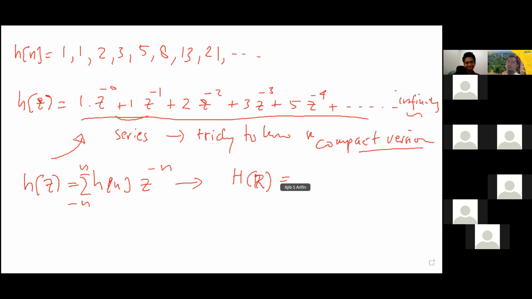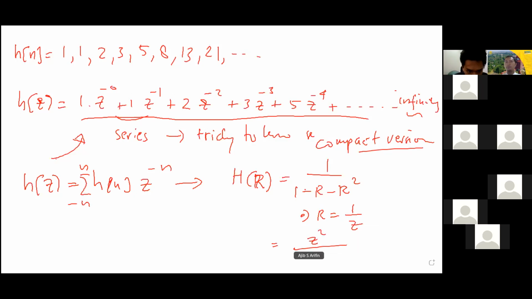Actually, r is not the transformation, r is just an intermediate method, and then substituted when r equals something like that, and then the result will be something like this. Okay, that's all. Is there any questions?